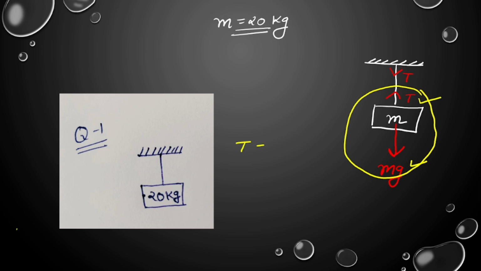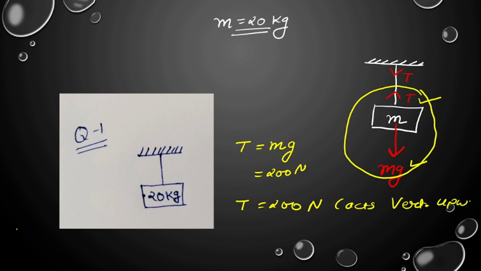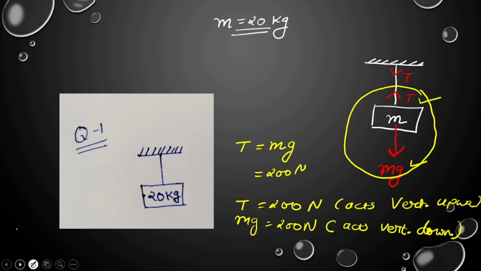We can write T equals mg equals 200 Newton. T equals 200 Newton acts vertically upward, and mg equals again 200 Newton acts vertically downward. Am I clear? Very elementary question.